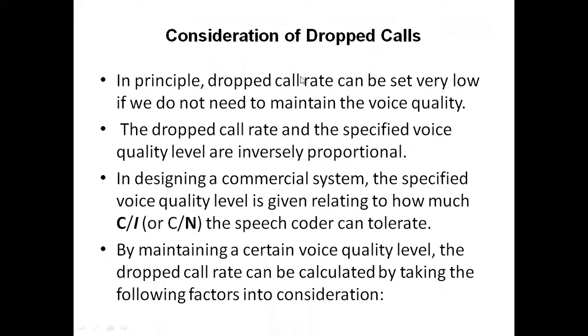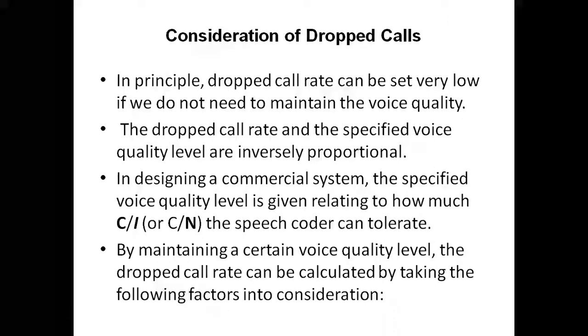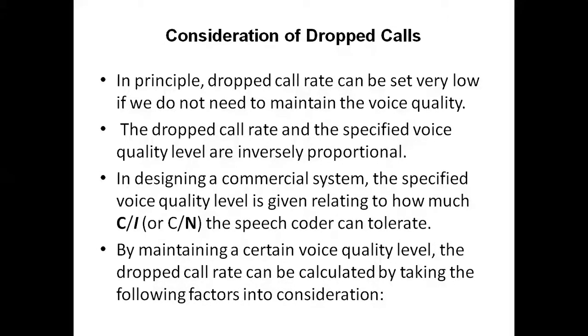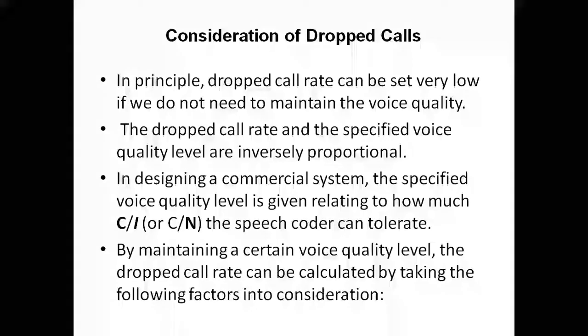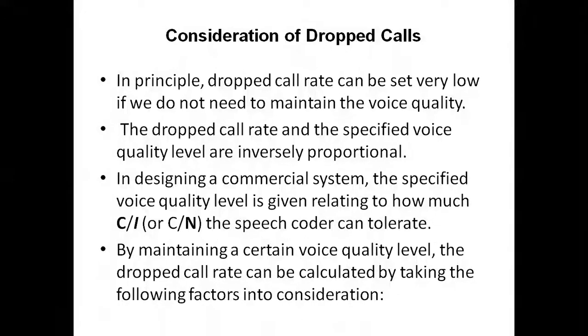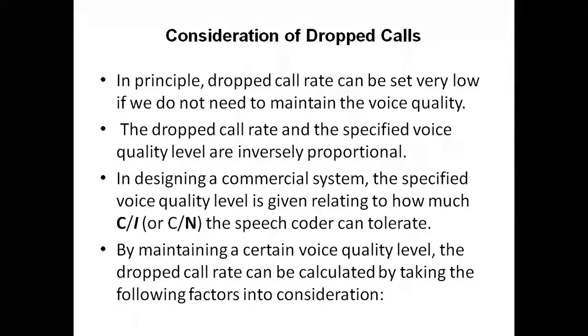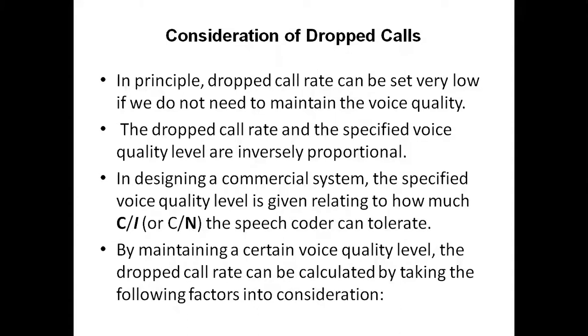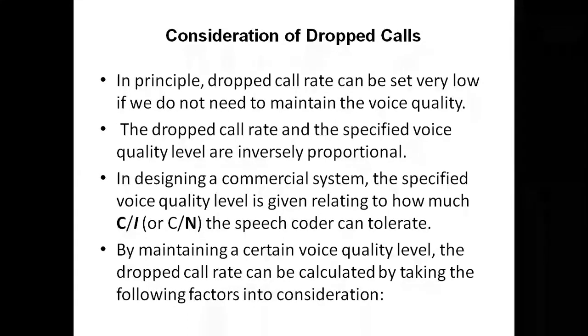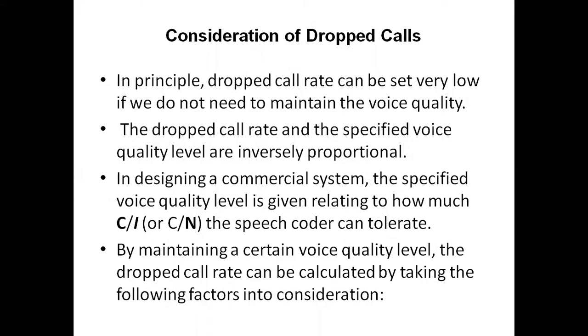So in designing a commercial system or cellular system, we have some specified level of voice quality. The specified voice quality level is given relating to how much C/I value it can tolerate.